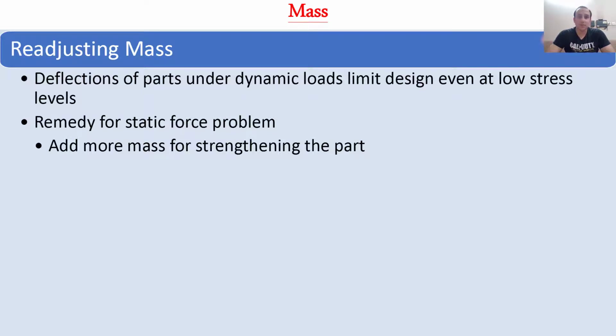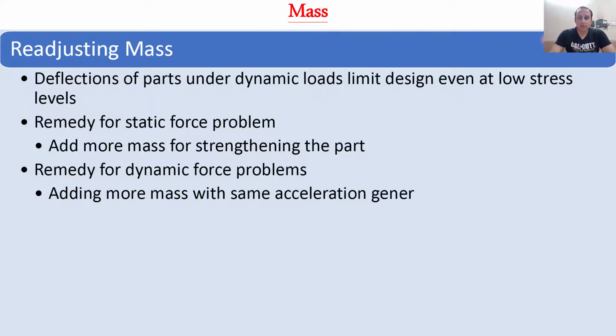But in dynamic analysis, if we add further mass, what will happen? The dynamic forces will further increase. So we cannot do it like this. The approach in dynamic analysis is different from the approach in static analysis or static design.